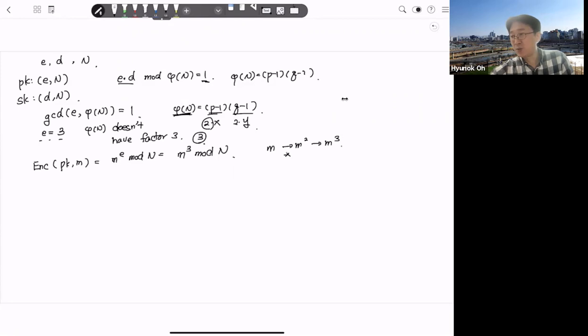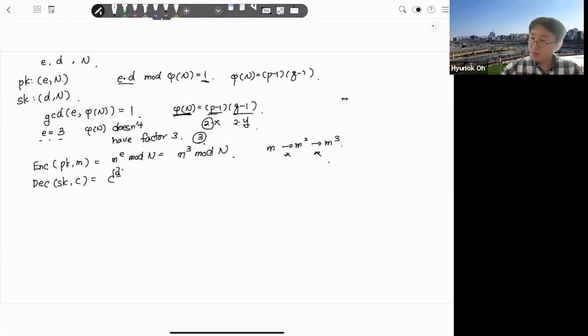So we need multiplying 2 times only. So it's very fast. In the decryption case, C to the D. D is generally much larger than E. So it takes a lot of time, but encryption is much faster because we just need to multiply 2 times.